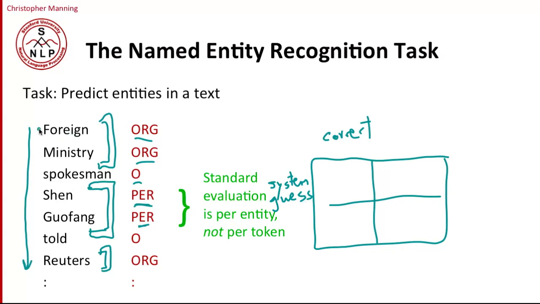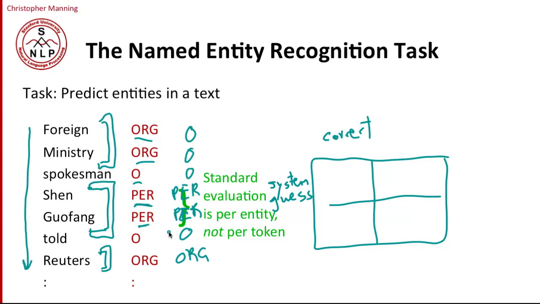entities. So in this data, there are 3 entities, and we could imagine perhaps that our system identified this one as a person name and identified this one as an organization name, but missed this one.